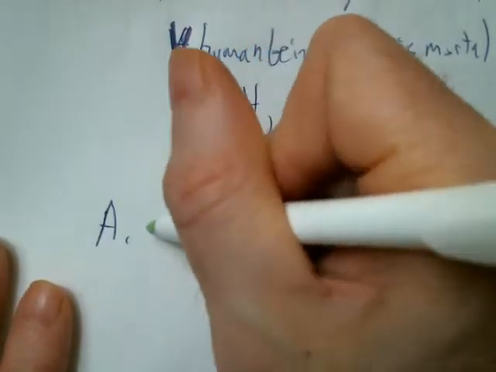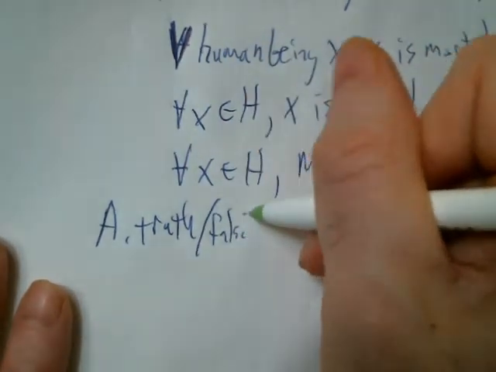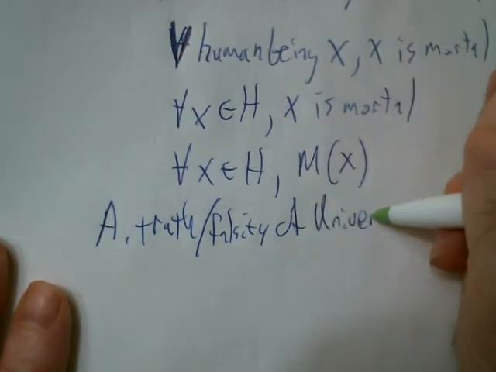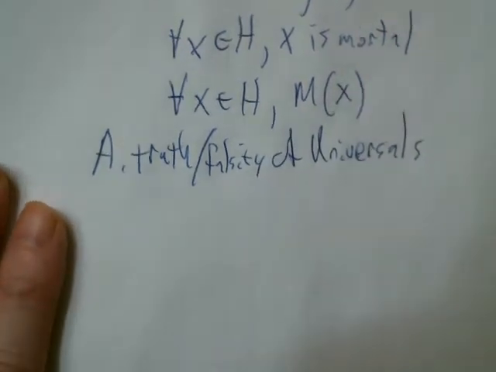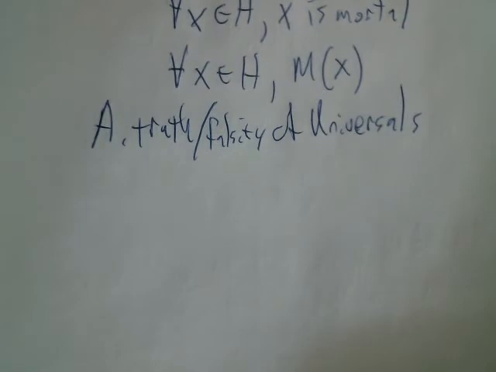So first off, the truth or falsity of the universal. I think this is an example from the book. She changes the book every semester, though, so let me look.